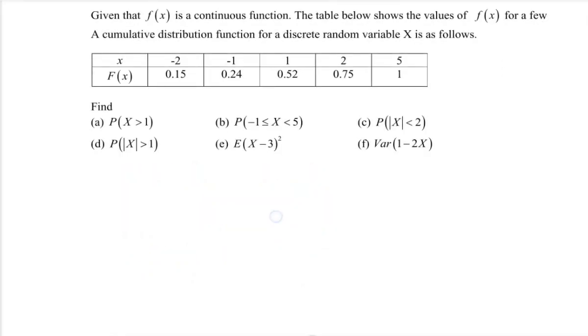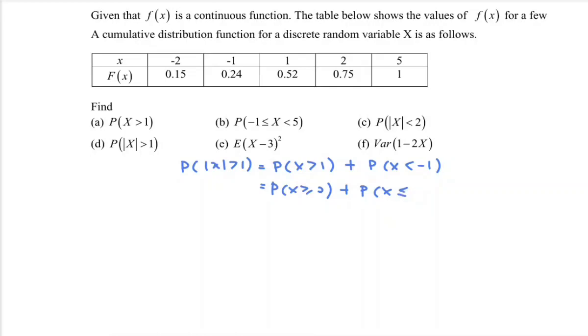If it refers to D, we have the probability that modulus x greater than 1. Kindly define the situation: probability that x greater than 1, plus probability that x less than -1. So based on the situation, probability that x greater than or equal to 2, plus probability that x less than or equal to -2. We are only interested in 2 and 5.